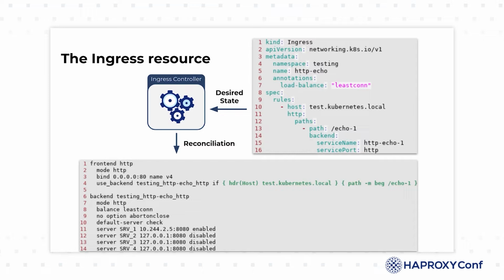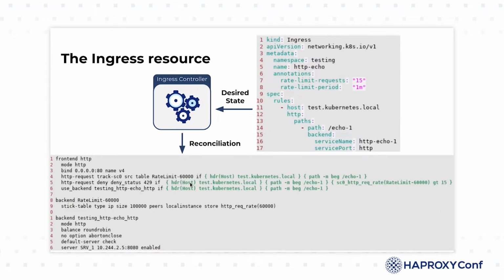It can be any other option, or it can be a more advanced behavior, like if we want, for example, to configure rate limiting. As we can see in this example, we want to configure 15 requests per minute. So we use the rate limit requests and the rate limit period annotations.